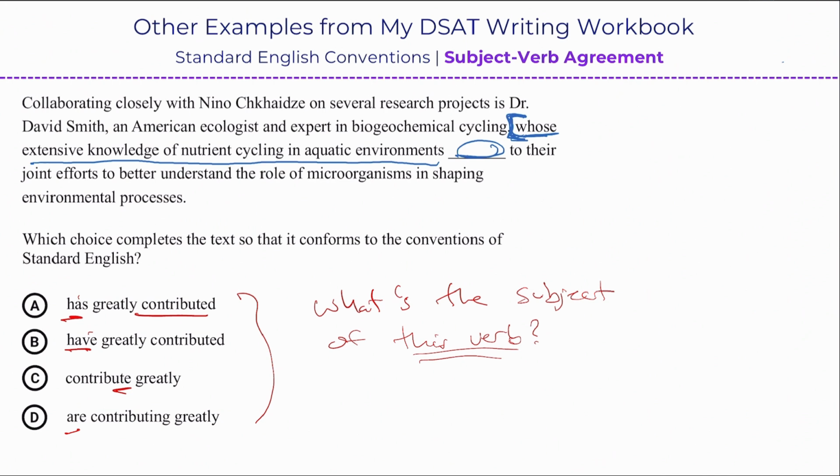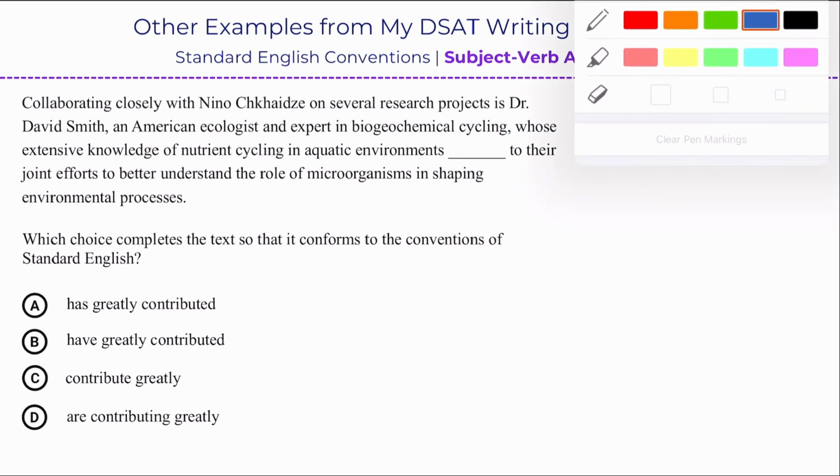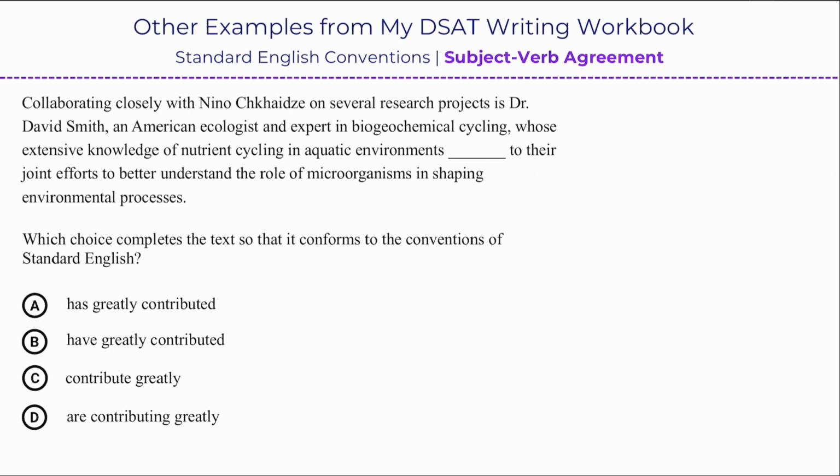Remember, the simple subject is the noun that comes after the adjectives. So, whose extensive is the adjective, then knowledge, and it comes before prepositional phrases. As soon as I notice the word of, I know that's a preposition, so it's going to begin a prepositional phrase. You just have to read it to figure out where this prepositional phrase ends. You can all do it as long as you just read. You say, of nutrient cycling in aquatic environments. It ends right here before the verb.